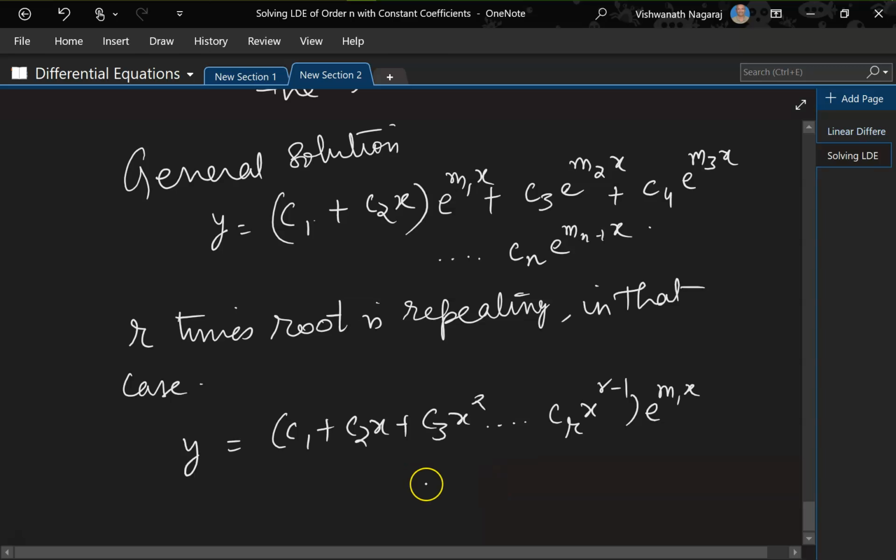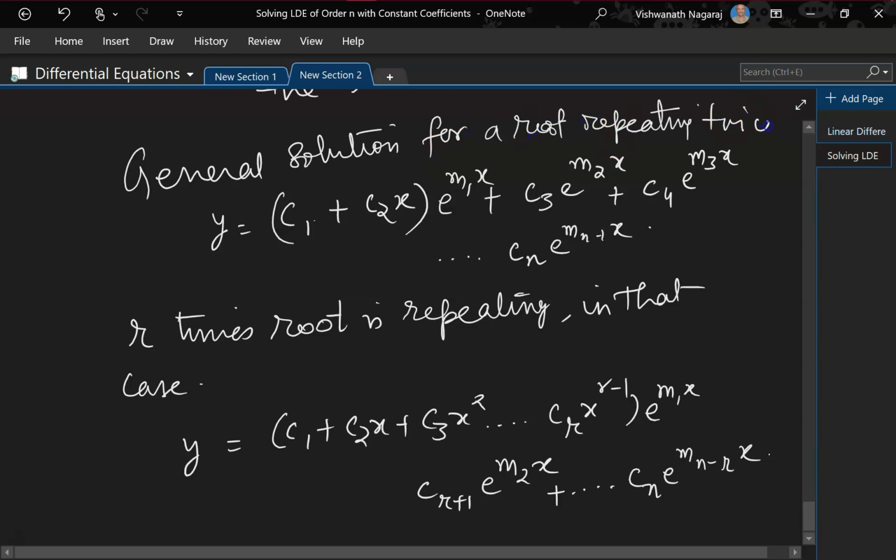So you will have c(r plus 1) e to the power of m2x plus, and so on till cn e to the power of m(n minus r)x. So this is the general solution for a root repeating r times.